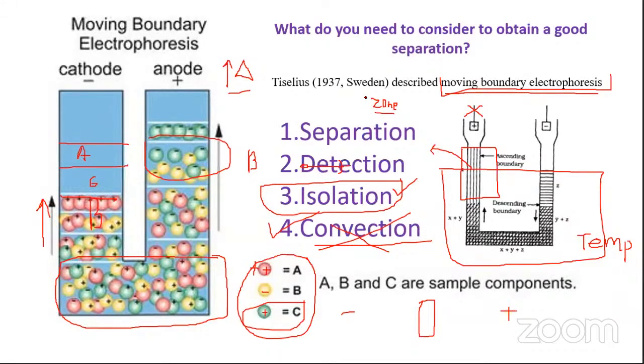So as of now, is it fine that we talk about zone electrophoresis in our next class? Because I believe that this is good enough understanding for you to understand some details about moving boundary electrophoresis. And zone electrophoresis we will talk about in our next class.